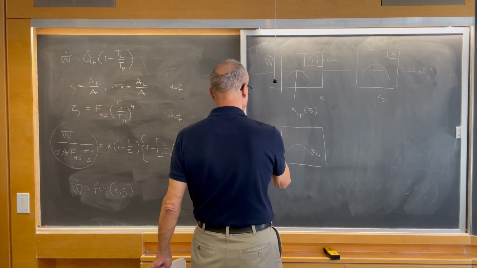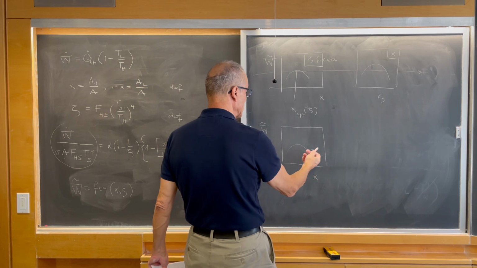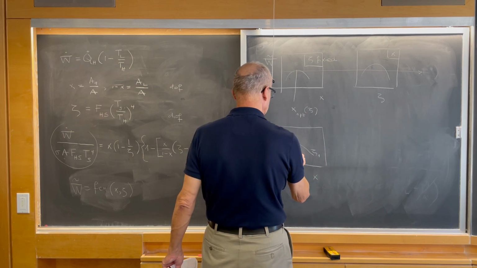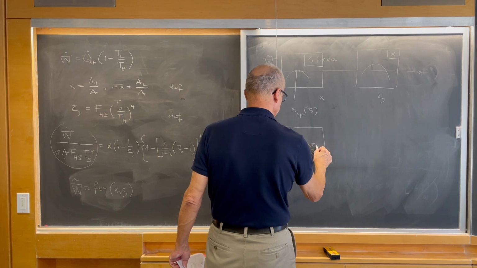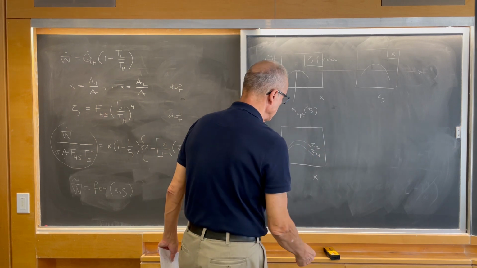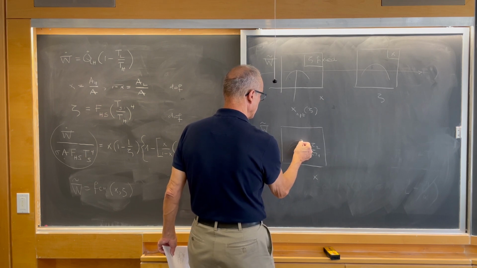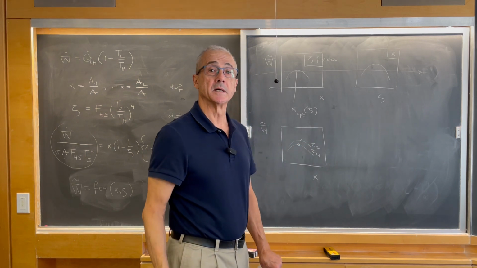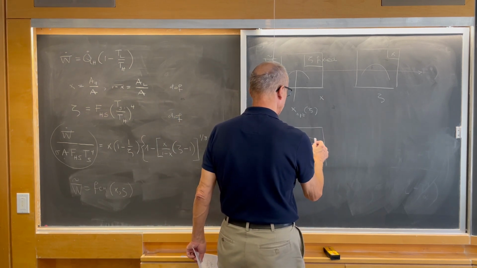So this is w dot versus x. And then we change the zeta, and we get another curve, meaning the peak of it climbs up, and then we change zeta again and get another curve.